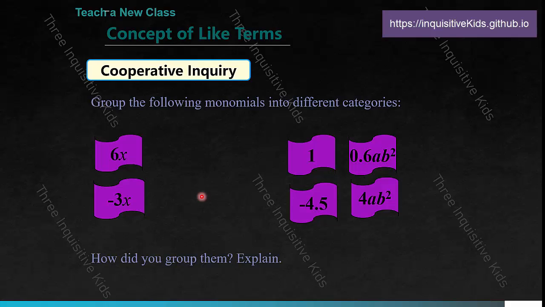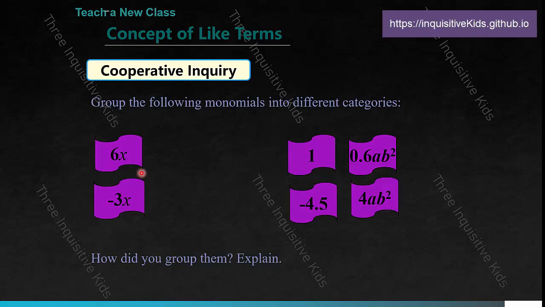How did you group them? Explain. You could just write it down on a piece of paper or write it in the comments below. But that is not required, and you can group them in any way you'd like as long as it makes sense. There is no correct way. So you might have organized it like this, maybe you haven't. But just write it down and then maybe explain.